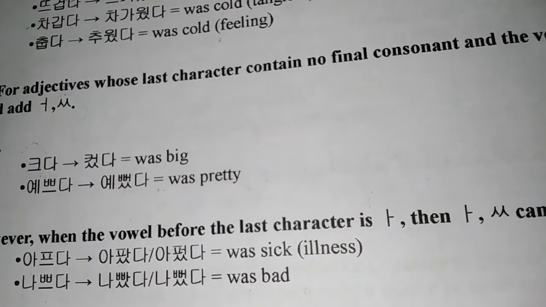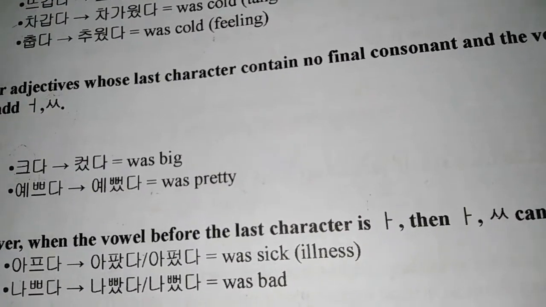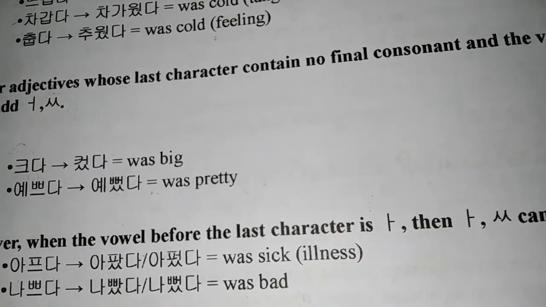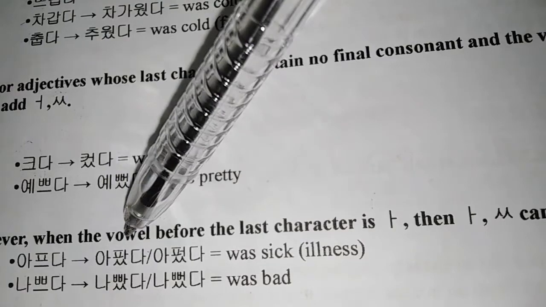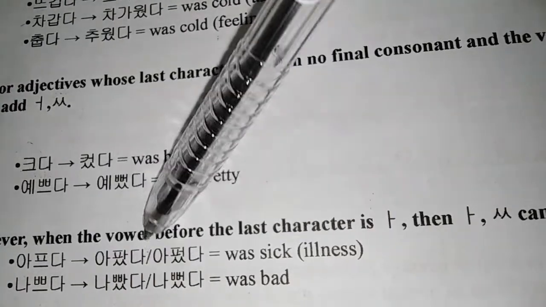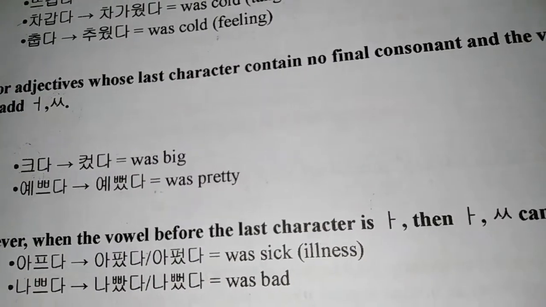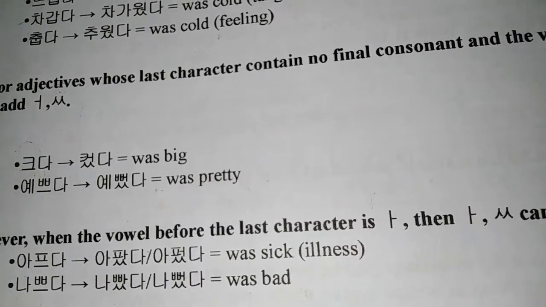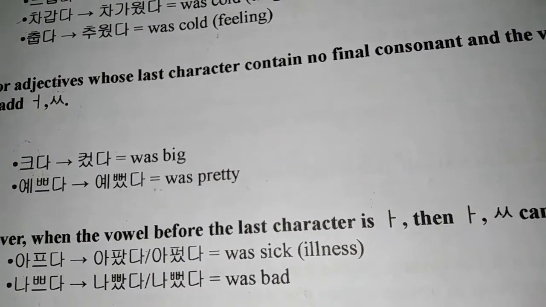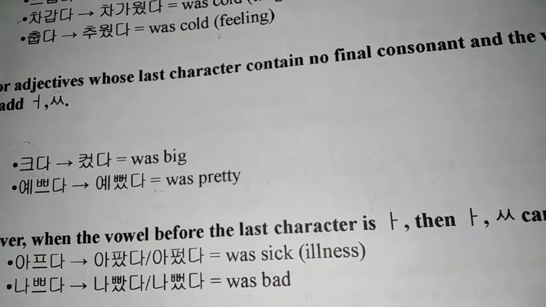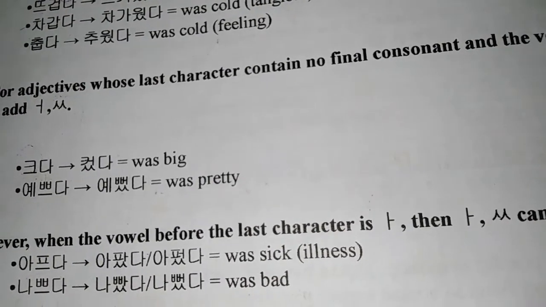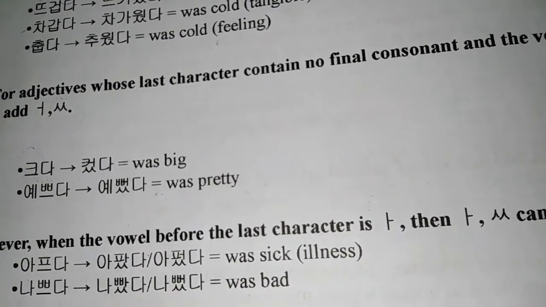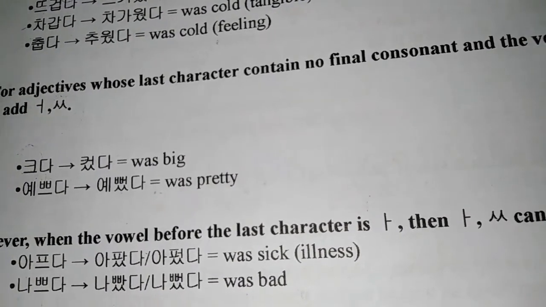Just know that there's an exception like this, and understand that if people are speaking to you using this form, this 아팠다 and 나팠다 form, it's not wrong. Just begin with learning what you can and then slowly upgrade yourself. It's absolutely alright to take things slow.